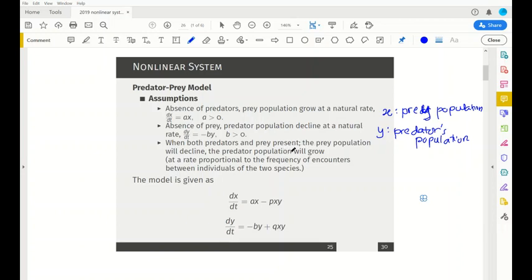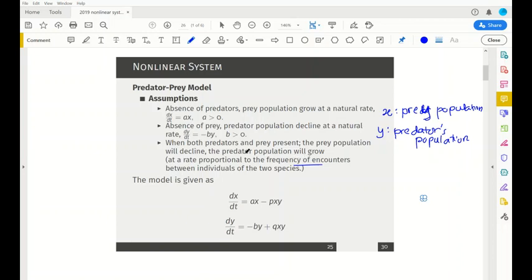No problem with the food sources, so they manage to grow. The assumption is that this happens at a rate proportional to the frequency of encounters between individuals of the two species. Frequency of encounters here is how many times the predators and prey meet with each other.